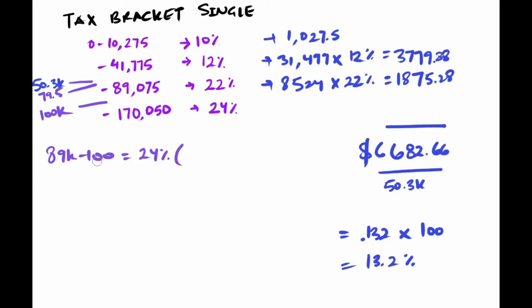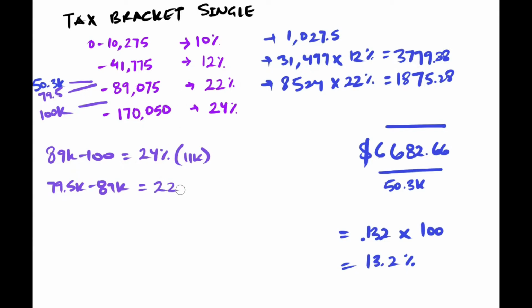And this is about 11K, right? 100 minus 89. On the other side of this, from 79.5 to 89.75, which is 79.5 to 89K, we are paying 22% because that's 79,500 to 89,075, we're paying 22%.